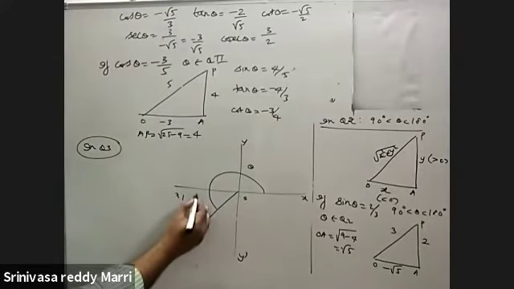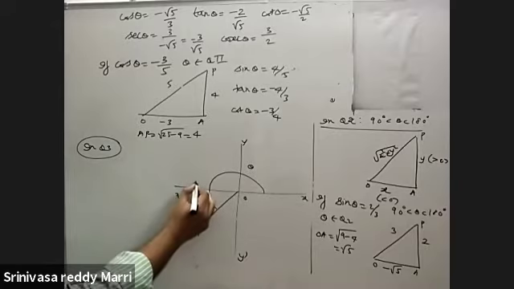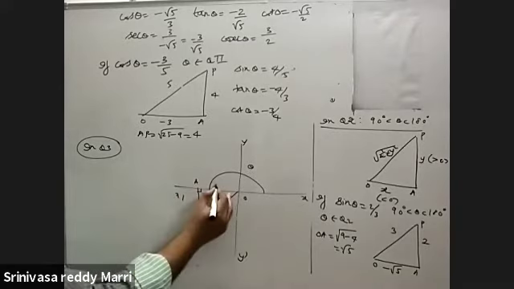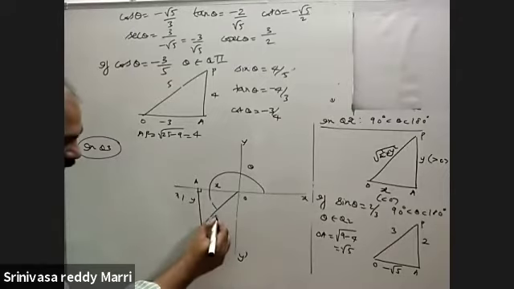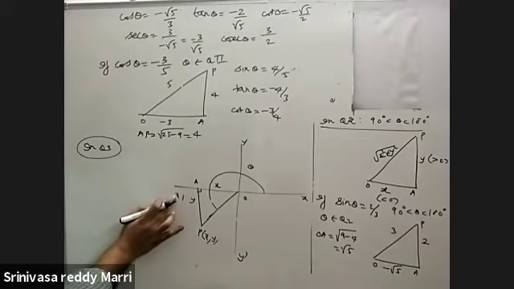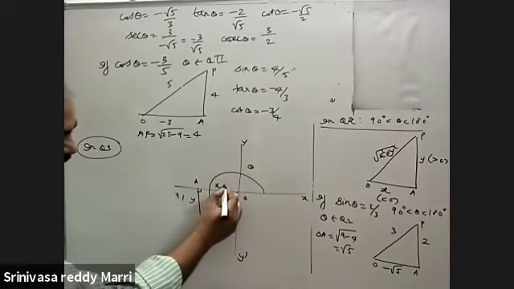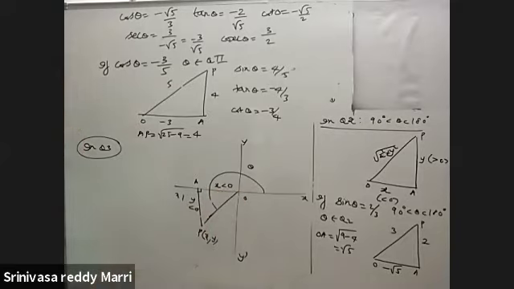Now we will draw the perpendicular like this. Let us say A. Now this is x, this is y, this is called x comma y. Now look here. In quadrant 3, x less than 0, y less than 0. The horizontal leg is negative, the vertical leg is negative.